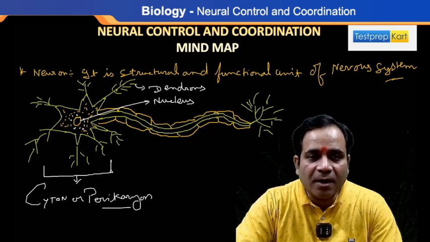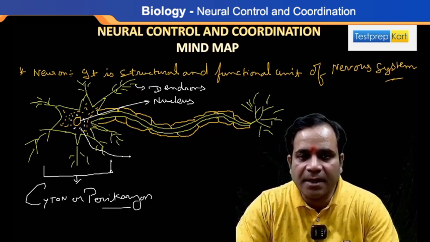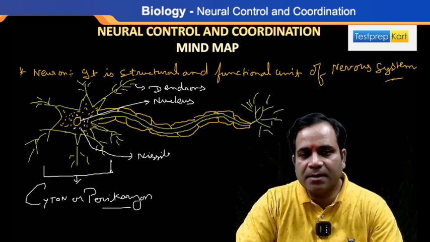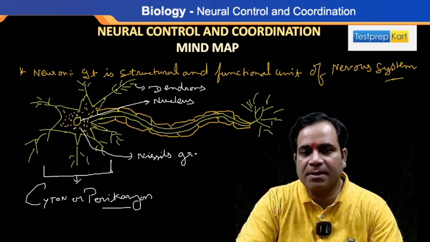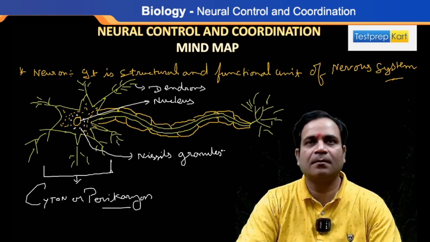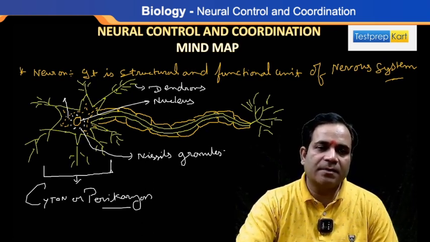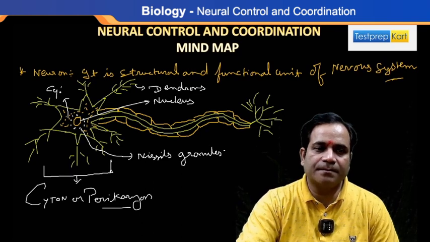This one around the nucleus is the Nissl granules. Clear? And this dense fluid is known as the cytoplasm.